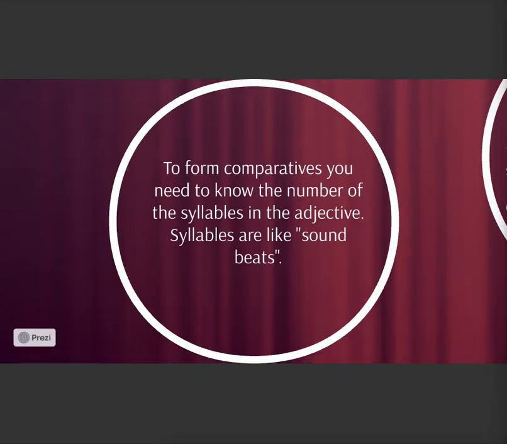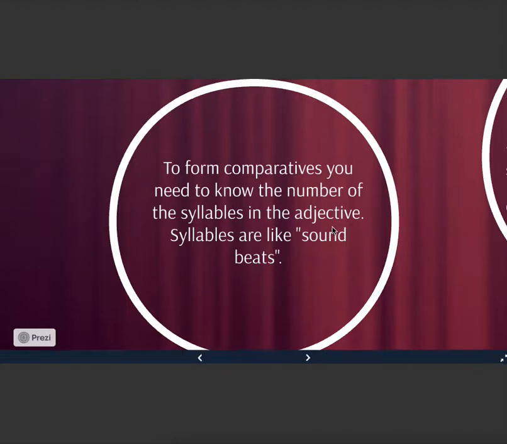The syllables in the adjective are like sounds. Sound bits. Okay, so look at this. To form comparatives, babies, you have to know the number of syllables. Because taking into account the number of syllables, you are going to know how you can create the comparative.